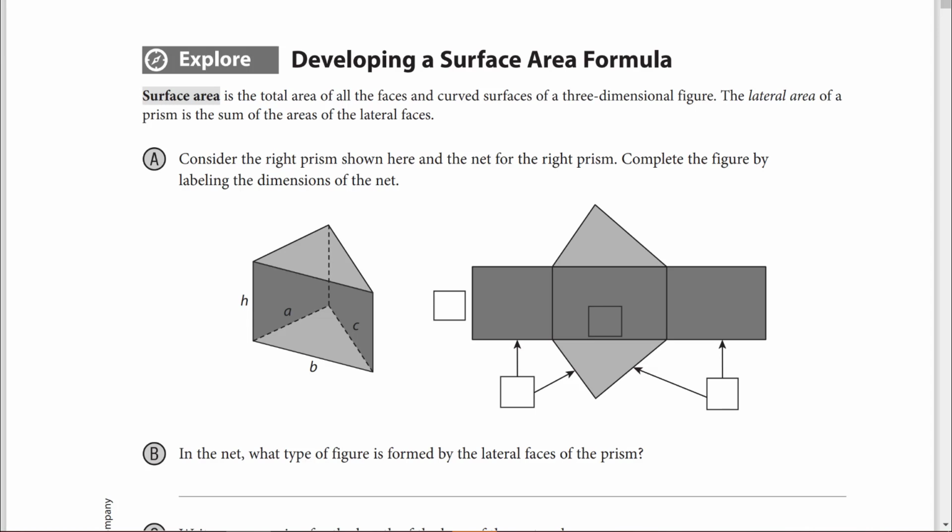Well, remember previously we've talked about nets, where we were taking a shape and if we were to cut it and lay it out completely flat, what would the shape look like? And we determined, for example, this one would be one giant rectangle with two triangles attached.